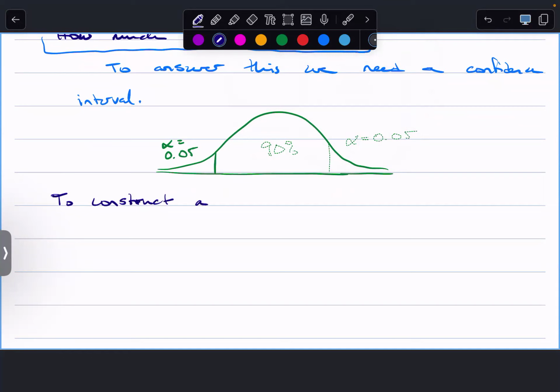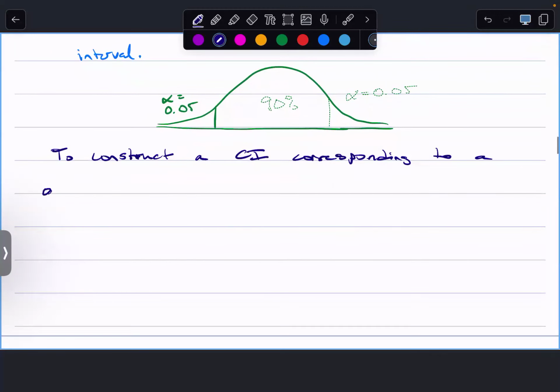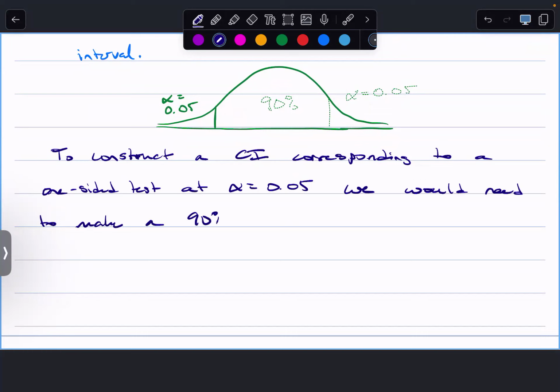To construct a confidence interval corresponding to a one-sided test at alpha equal to 0.05, we would need to make a 90% confidence interval.